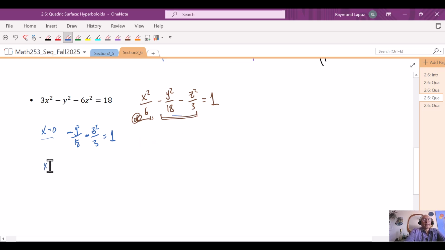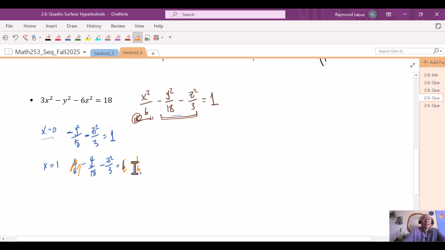Let's try x is equal to 1. We're going to get 1/6 minus y squared over 18 minus z squared over 3 is equal to 1. So we'll subtract 1/6 from both sides.